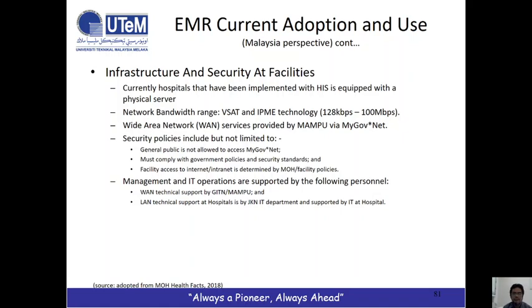VSAT I think is used in Sarawak and Sabah because of geography constraints. And almost all hospitals that use HIS are equipped with WAN, security policies, management, and IT operation. These are standard.